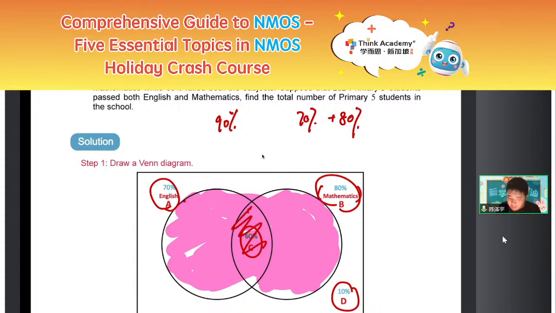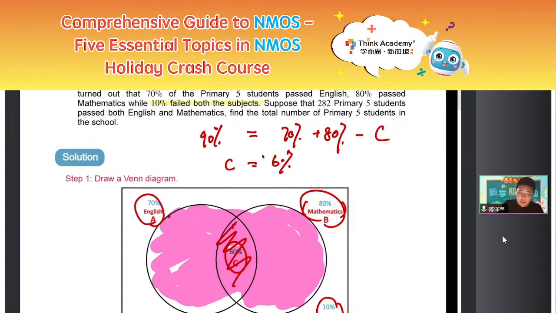If you look at the overlapping part, it has been double counted. So we have to take away the double counting part. So we take away the part C, and this equals 90%. That's how we get part C equal to 60%.